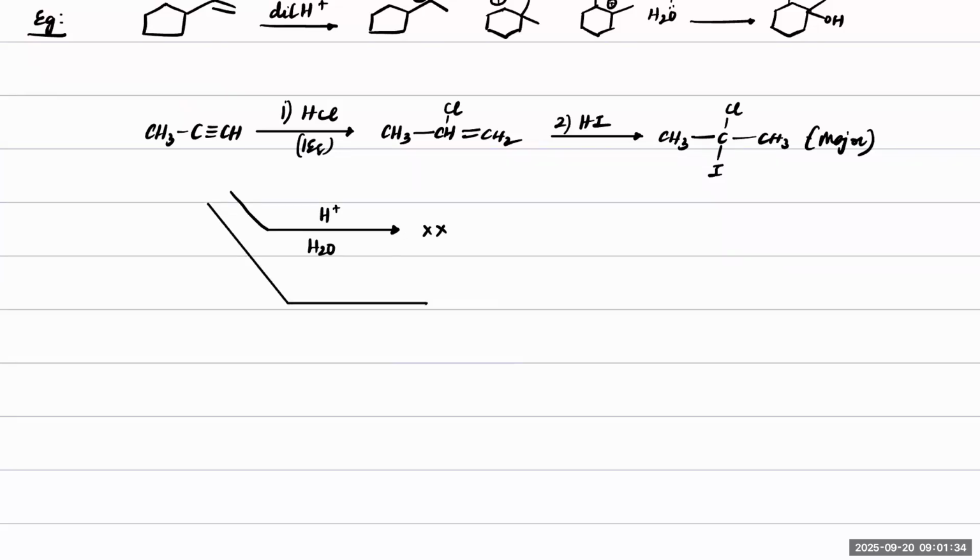We use mercury, HgSO4 with dilute H2SO4, by which OH gets added here, with a double bond CH2 here, and that would form CH3 C double bond O CH3. So what we get is the keto form. Clear, beta?